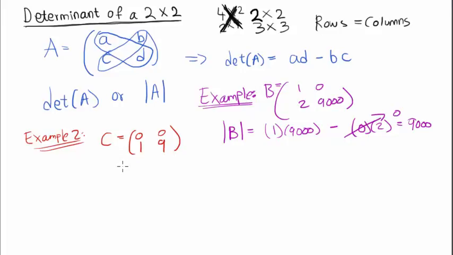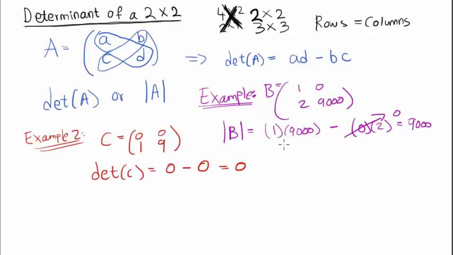If this is the case, then the determinant of C is equal to 0 times 9, which is 0, minus 1 times 0, which is also 0. And 0 minus 0 is equal to 0. So that's pretty much it. The determinant of a 2 by 2 matrix is just a times d, which is the main diagonal, minus the other diagonal, b times c.